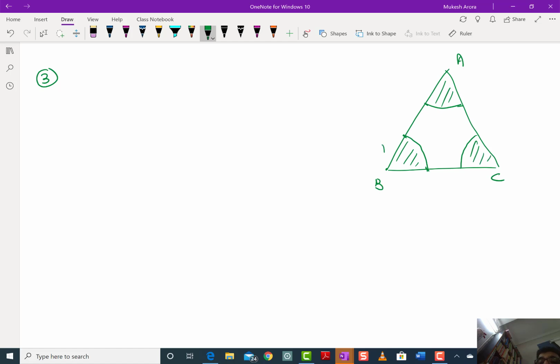This is 10, this is 10. Question was, find the area the cows can graze.